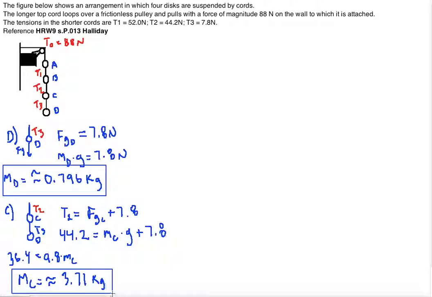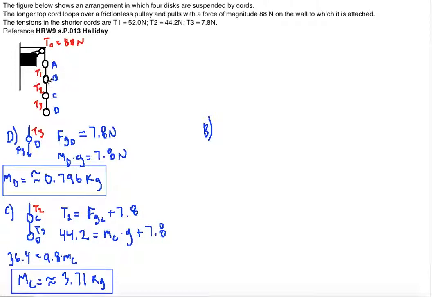All right, great. So now let's move on to the mass B. You'll notice that I find it easier in this situation with these masses and the tension to work upwards, because it's easier as you find these masses, and picturing it is just easier in my opinion. So that's what I like to do.